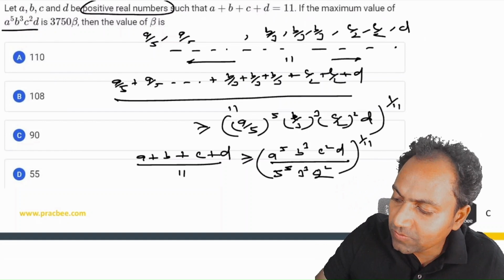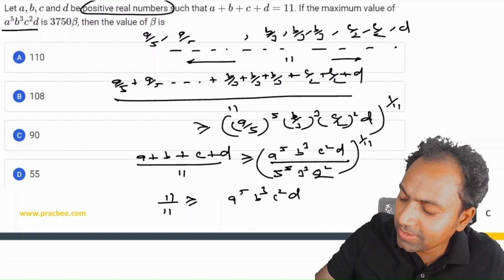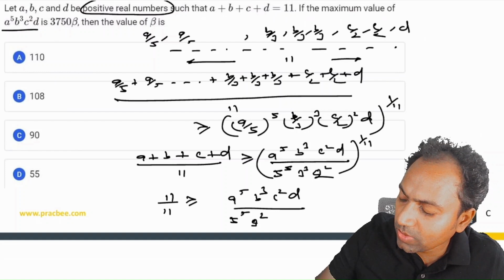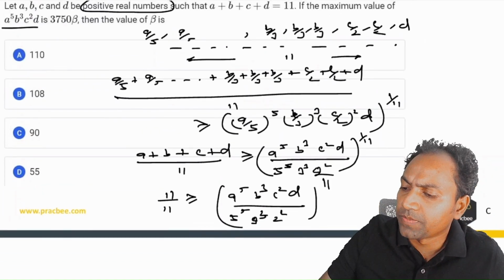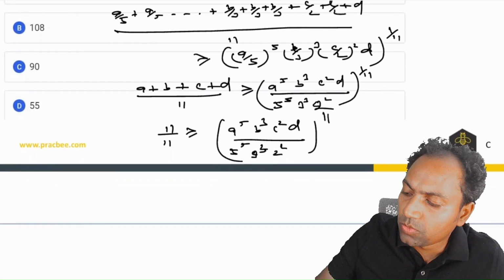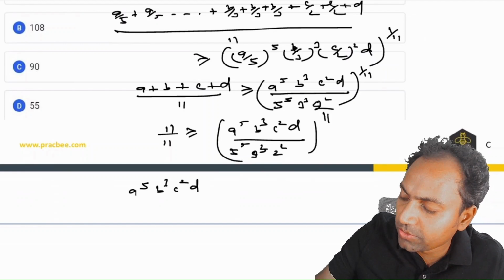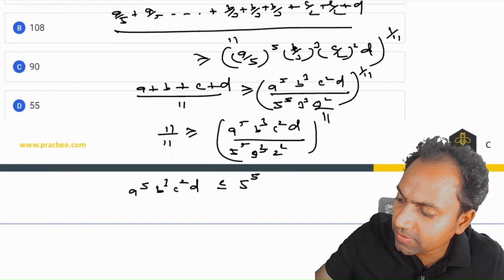And this will benefit us while solving the problem. Now if I put this value as 11, so 11 by 11, a raised to the power 5 b cube c square d, by 5 raised to the power 5, 3 cube, 2 square, raised to the power 11, will be smaller than or equal to 1. So the maximum value of a raised to the power 5 b cube c square into d is always smaller than or equal to 5 raised to the power 5, 3 cube and 2 square.